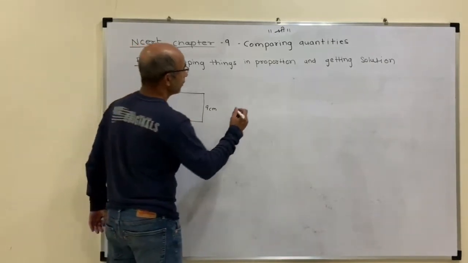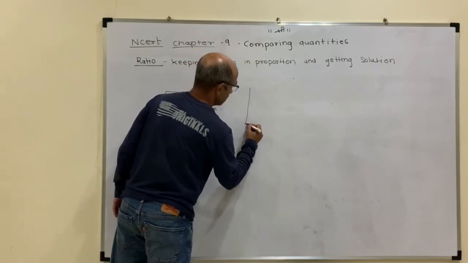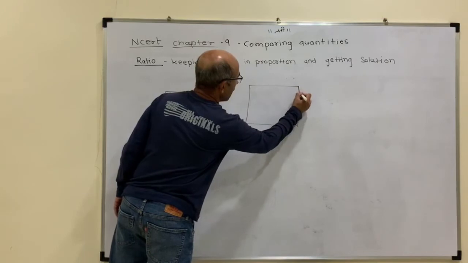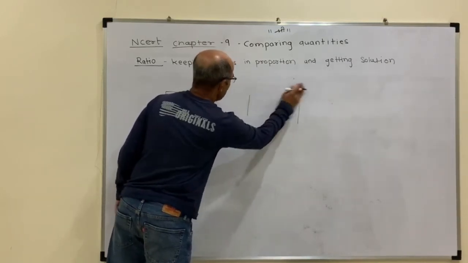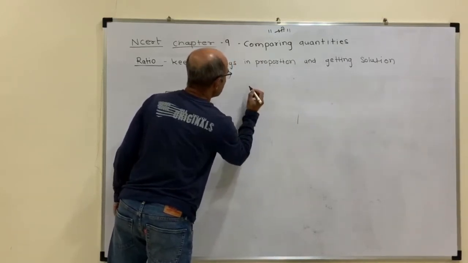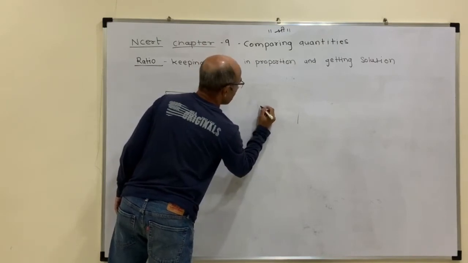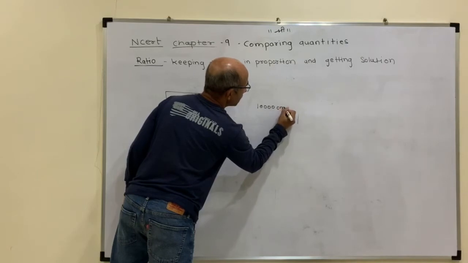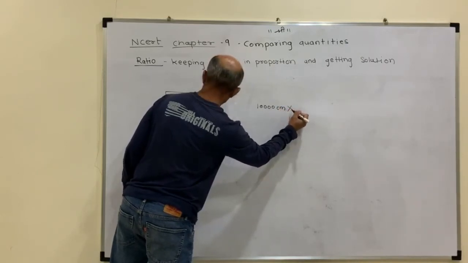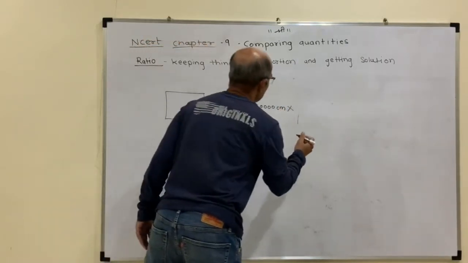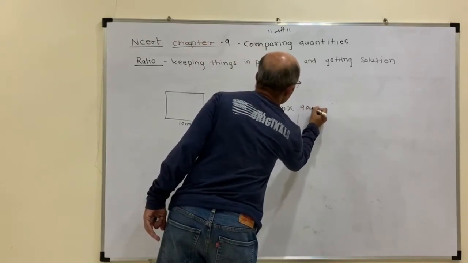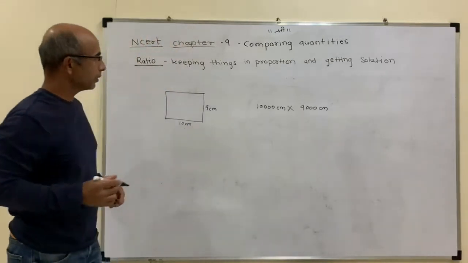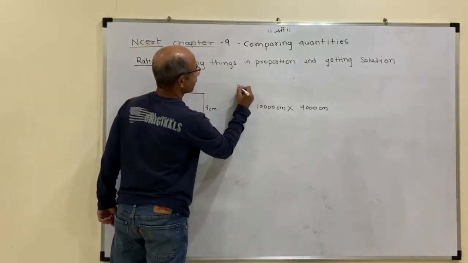The actual size of the wall is, I can say, 10,000 centimeter by 9,000 centimeter. Yeah, the actual size of the wall.